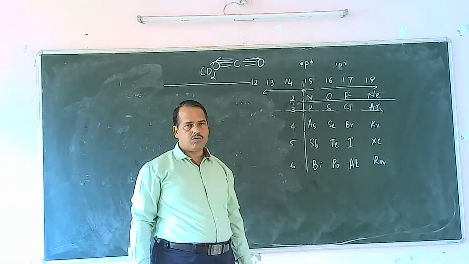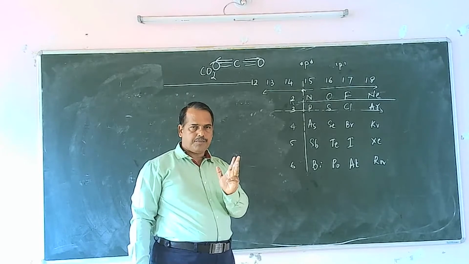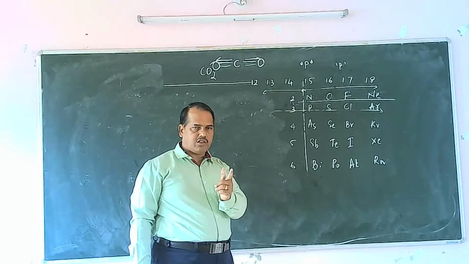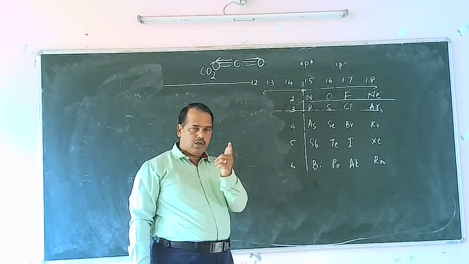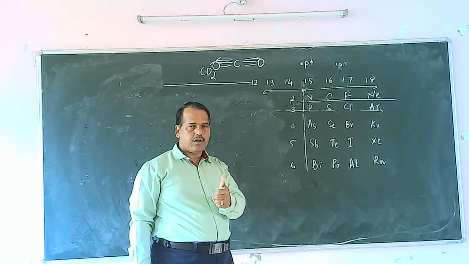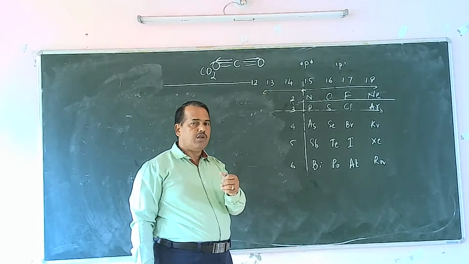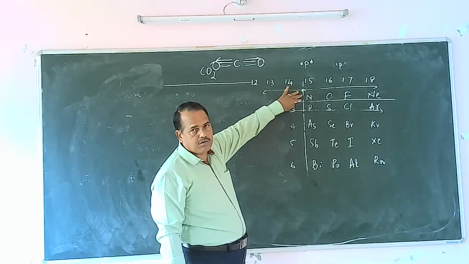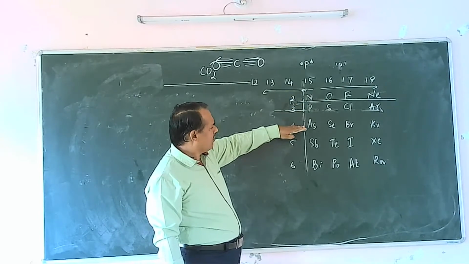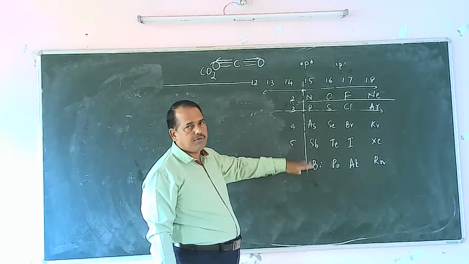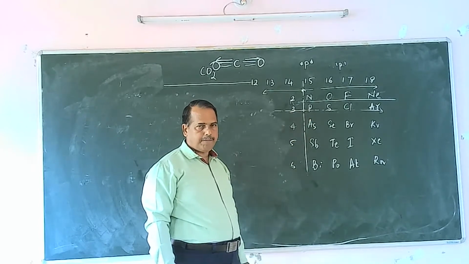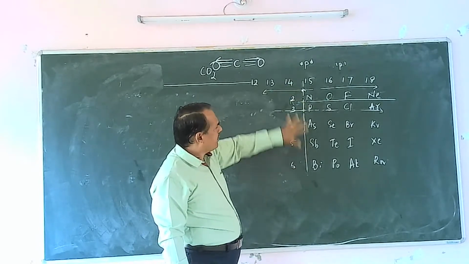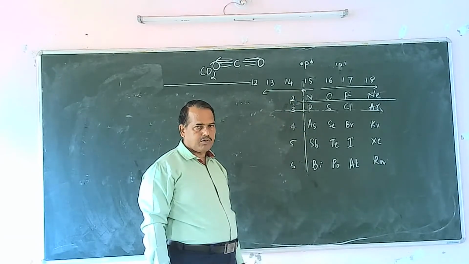It takes place due to small size, high electronegativity, high ionization enthalpy, more electron gain enthalpy, and unavailability of d orbitals in the second period. From the third period onwards, there is availability of d and f subshells. Therefore, there is a lot of difference between these elements.